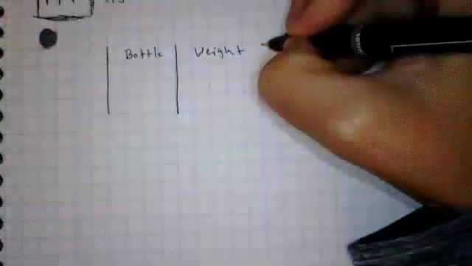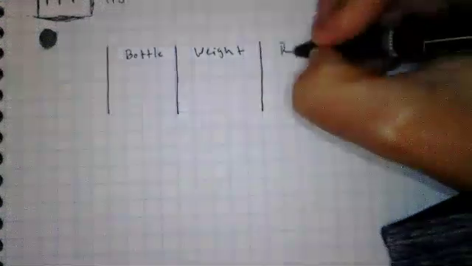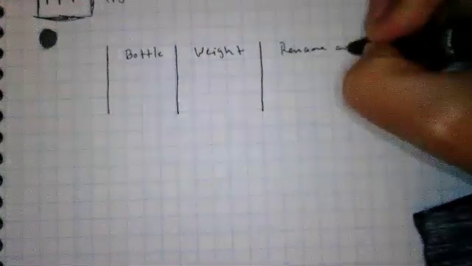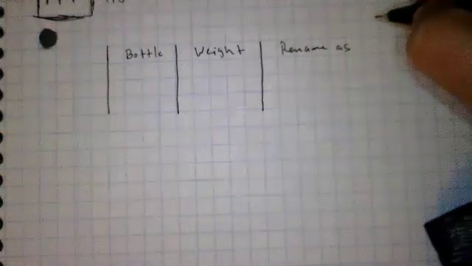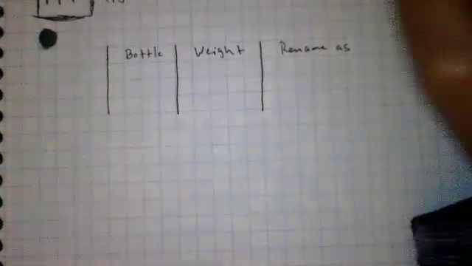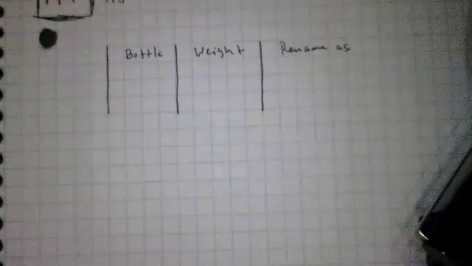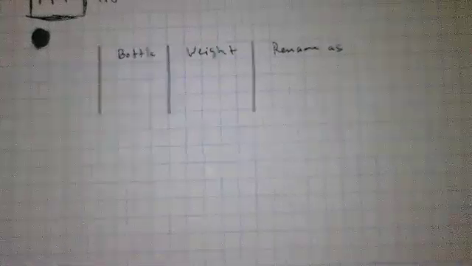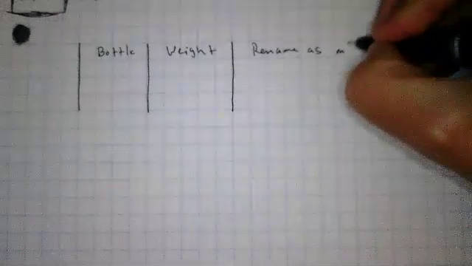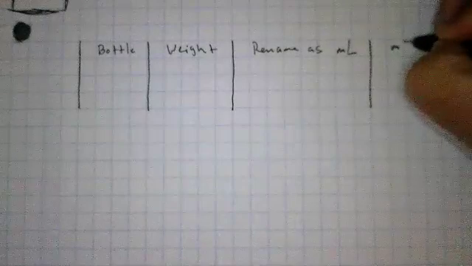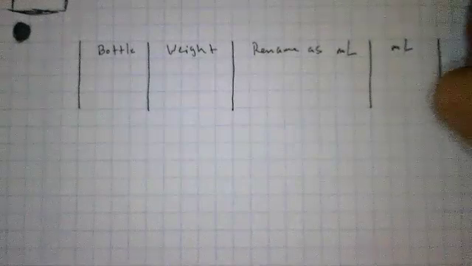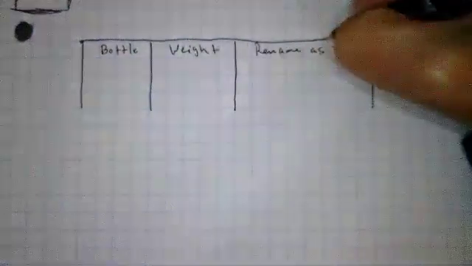I'm going to have rename as, what are we renaming it as? What measurement do we want to get all of these to be? Milliliters, so rename as milliliters. And then I'm going to have milliliters here at the end. Okay, so this is my table.